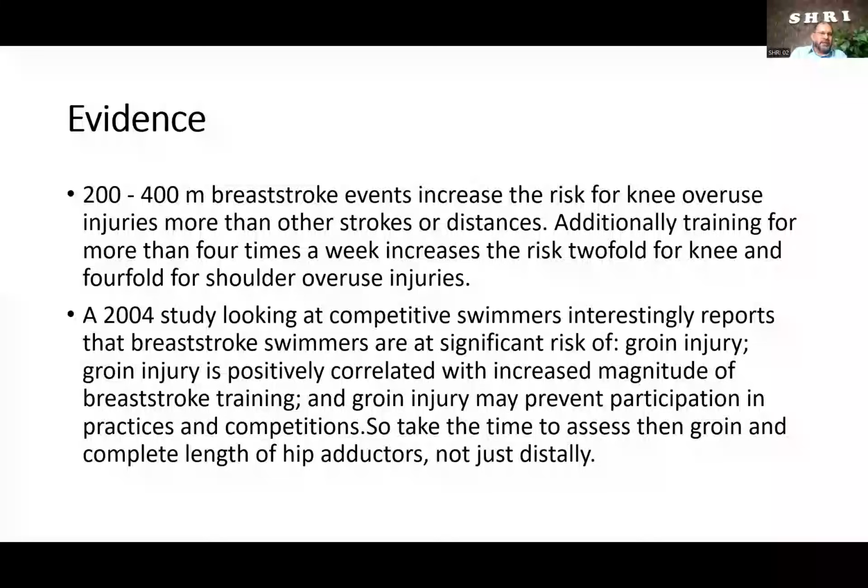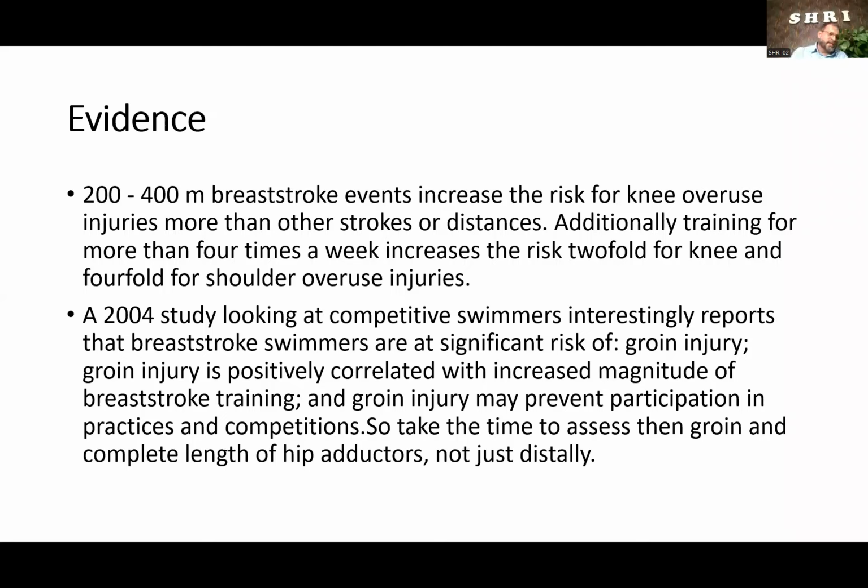So these are some evidence that I have put. 200 to 400 meter breaststroke events increase the risk for knee overuse injuries more than other strokes or distance. Additionally, training for more than 4 times a week increases the risk twofold for knee and fourfold for shoulder overuse injuries.